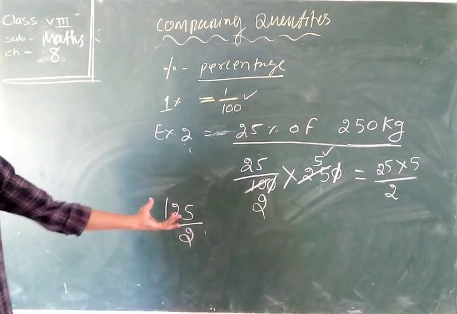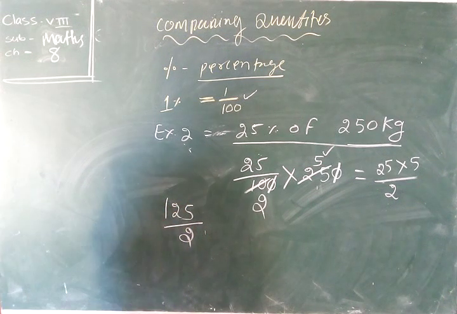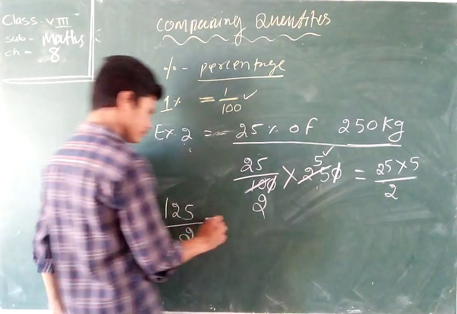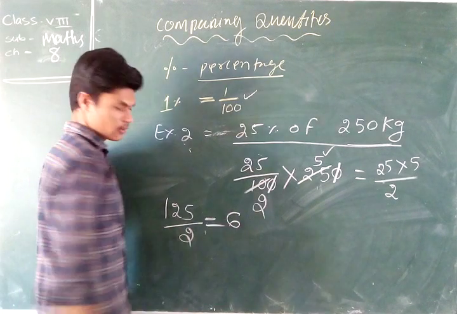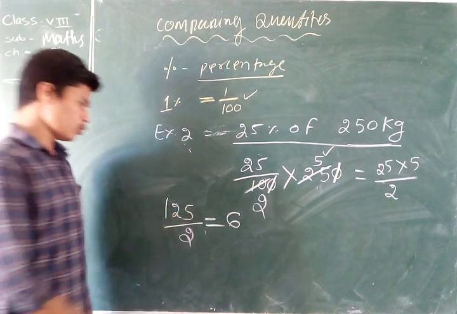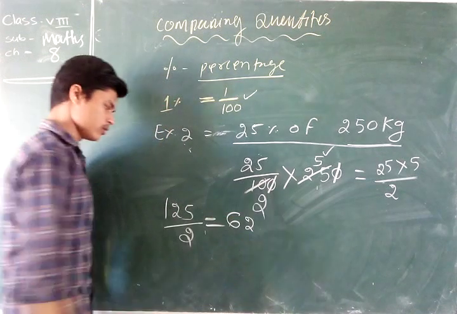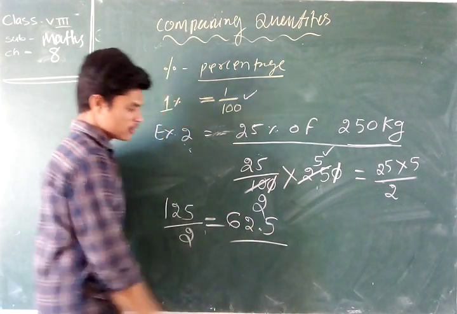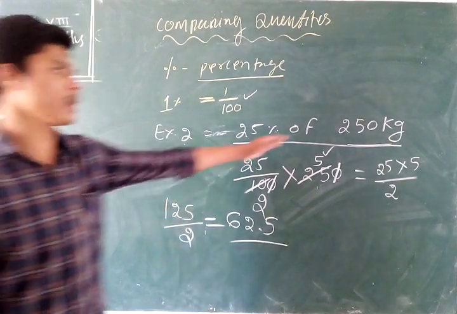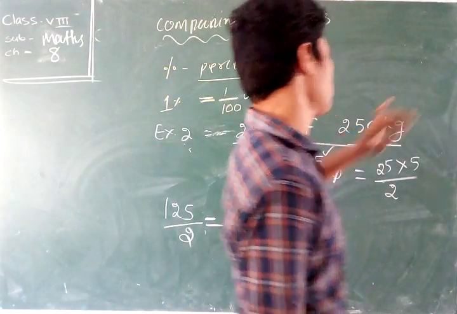It is not a whole number, so we can change it into a decimal number. 2 sixes are 12, 2 twos are 4, 2 fives are 10. So 62.5 kg is the 25% of 250 kg.